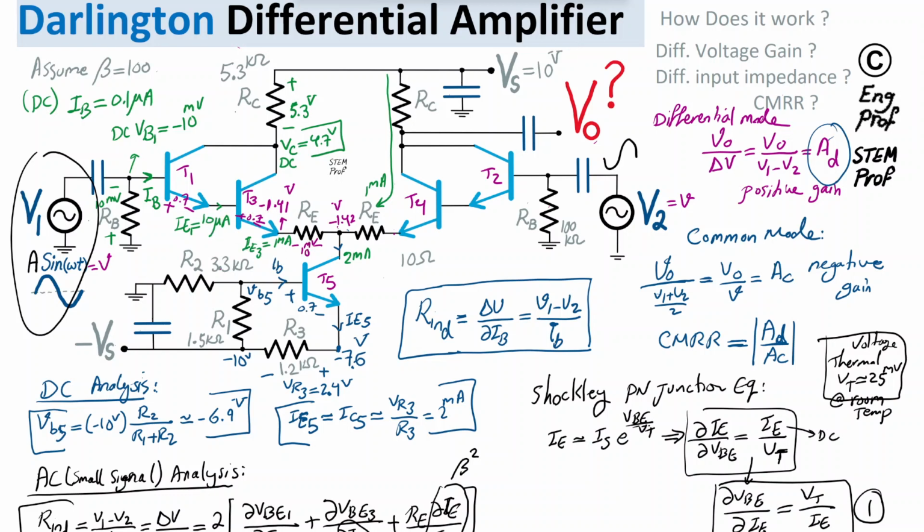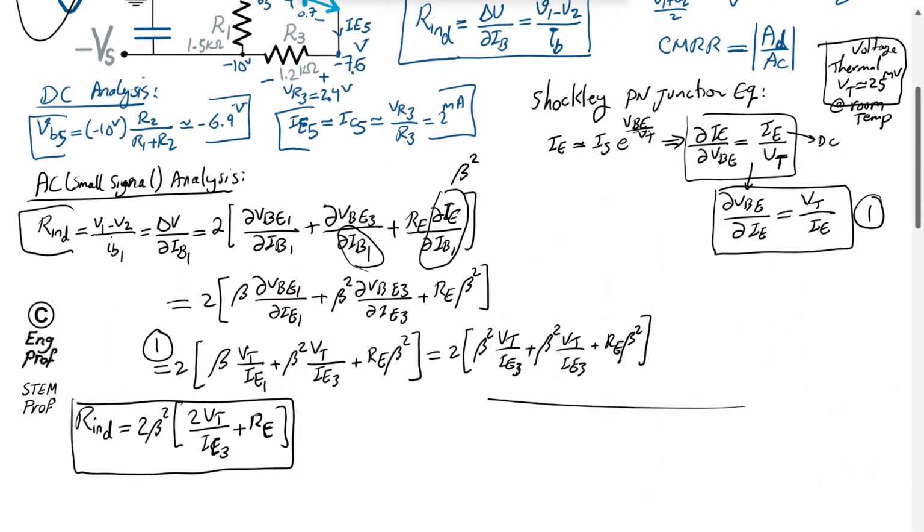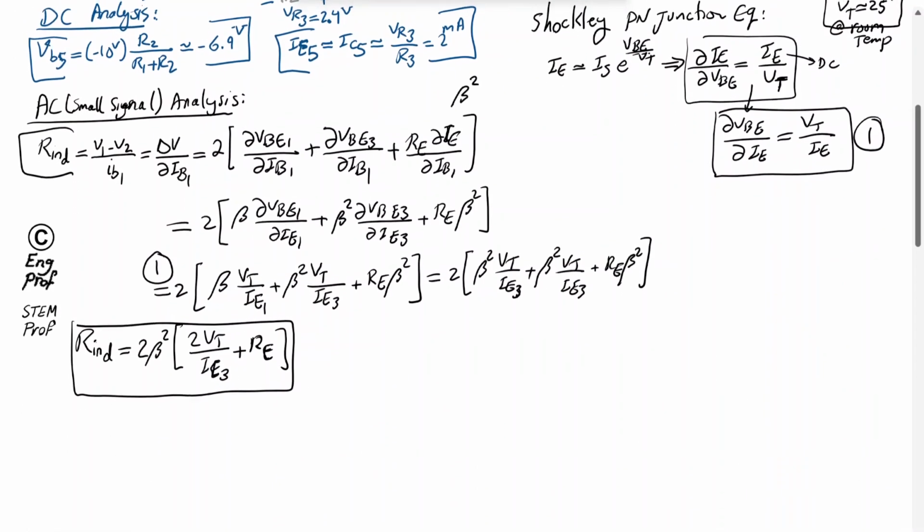I just didn't want to rely on formulas and memorize. I just wanted to quickly derive it and show that logically, using first principles, we can quickly derive it and find it. So we found the input impedance in differential mode.